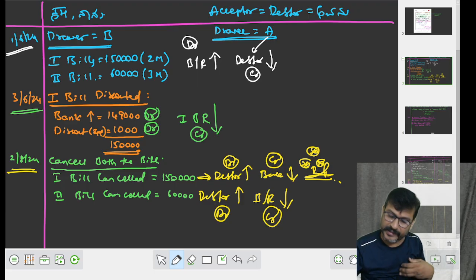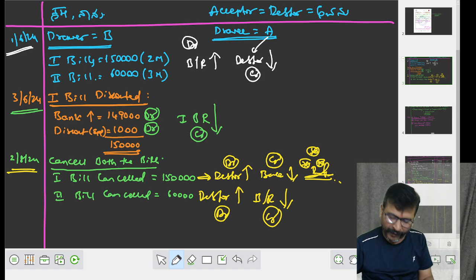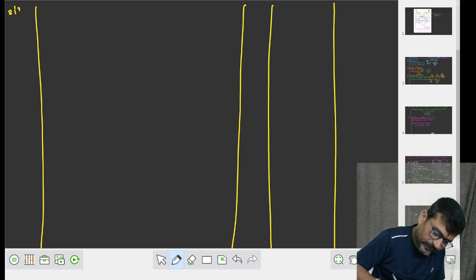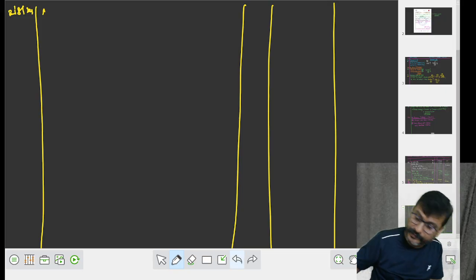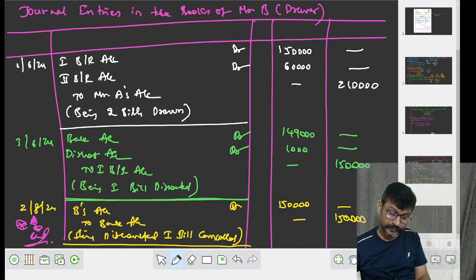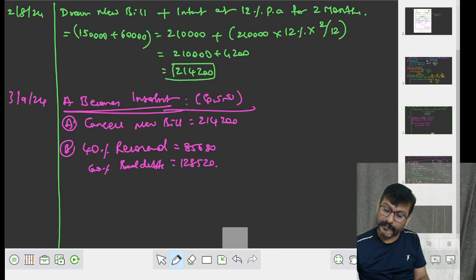Now the entry is same date, 2nd August 24. That is, who is debtor? Sorry, it is Mr. A, right? Not Mr. B, it is Mr. A. Please, sorry for this.